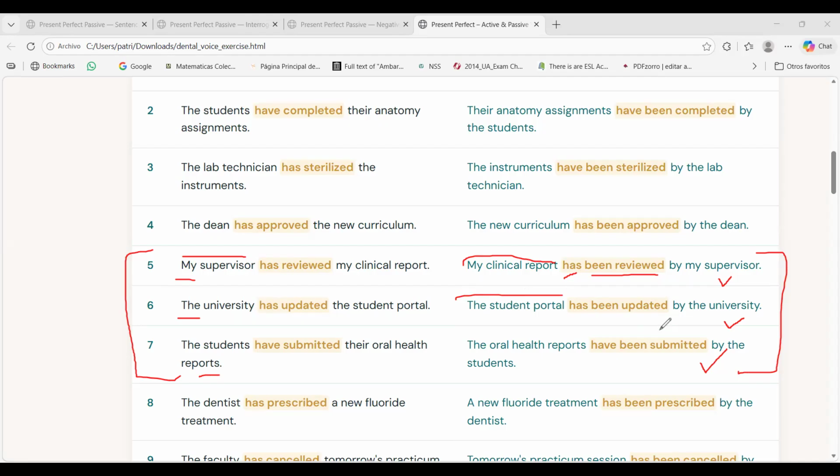So new information, special content, materials, etc. The students have submitted the oral health reports. We say the oral health reports have been submitted by the students. These are positive sentences.